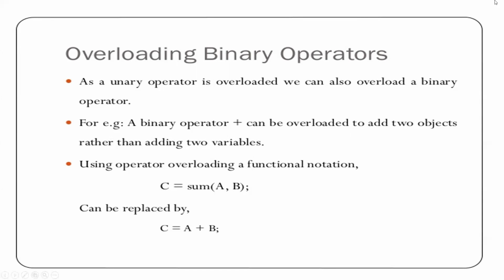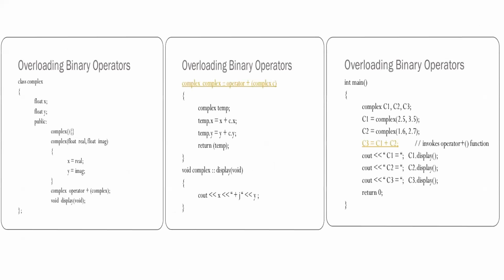But when I talk about objects, children, object is not something which contains one thing, it contains many data members. So many data members with one operator being added is called as operator overloading. This is an example of operator overloading.